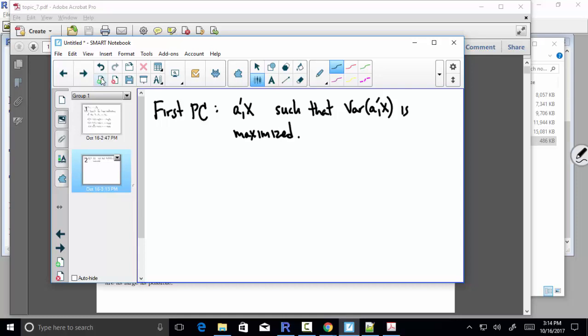The principal component idea is heavy on the concept of variability, variation, because variation means information.